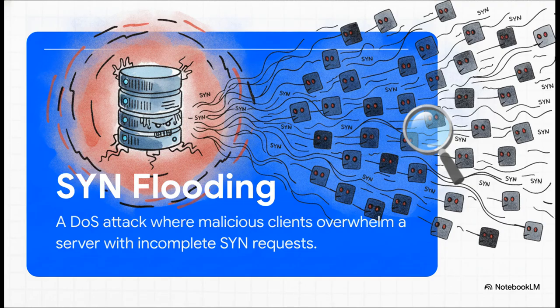Naturally, the server politely replies with a SYN ACK to every single one of them, allocating its memory and patiently waiting for that final ACK. But here's the catch. That final ACK never comes. The malicious clients leave all those handshakes intentionally incomplete. The poor server just sits there holding the door open until its resources are entirely exhausted. Ultimately, it crashes the system, completely denying service to legitimate users.